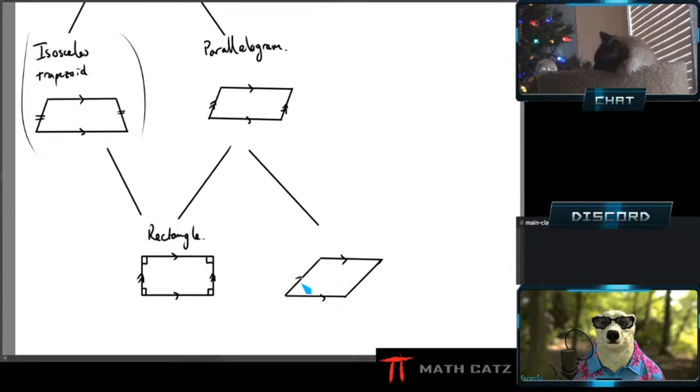So it's still a parallelogram, special kind of parallelogram, that all the sides are the same. And then we get our rhombus. So different ways to go from the parallelogram.